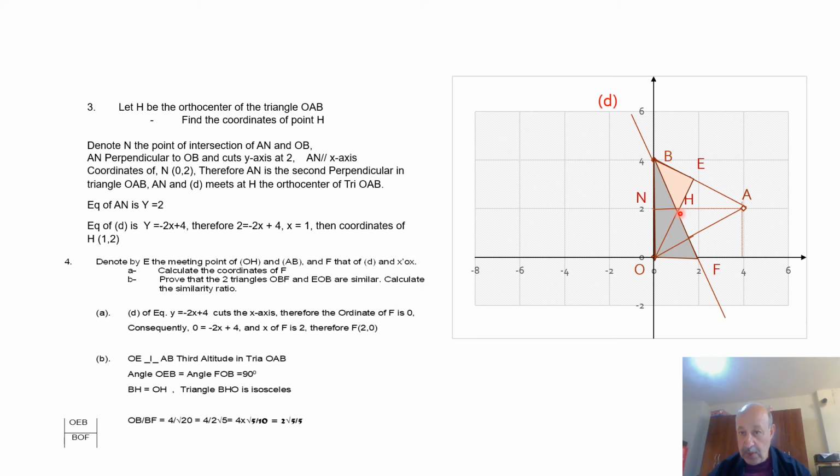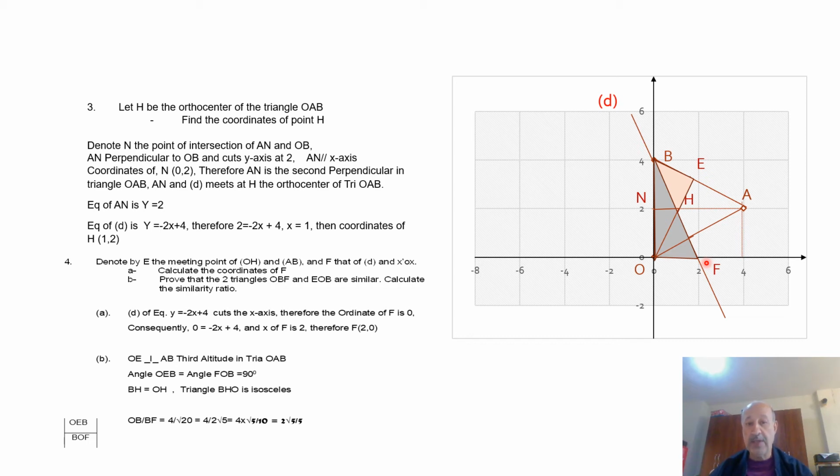And then if we want to find two sides equal, let's try this one. BH is equal to HO. Why? Because AB is equal to OA. We proved that it's an isosceles triangle. Therefore, the two altitudes should be equal in this triangle. So BH is equal to OH. Triangle OHB is isosceles. So these two triangles are similar. So OEB and BOF are similar.